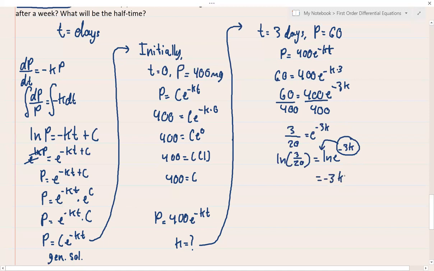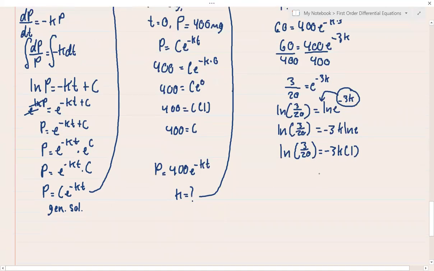So, magiging negative 3k times ln of e. Remember, itong si ln of e is equivalent to 1. So, in here, we will have negative 3k times 1, which is negative 3k.